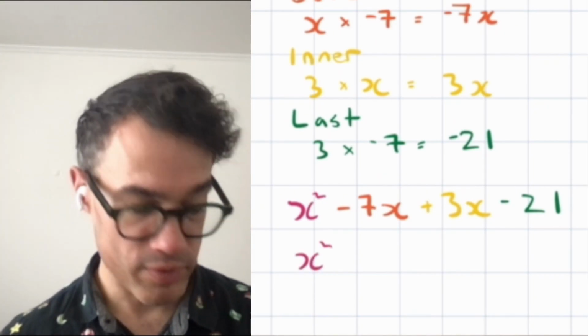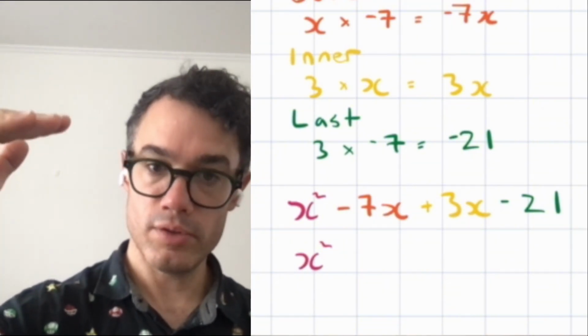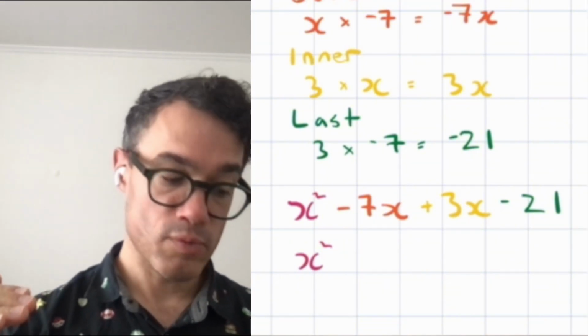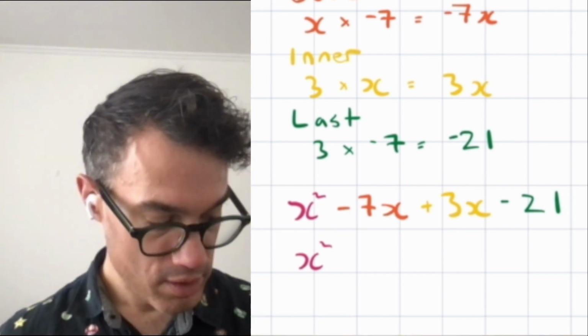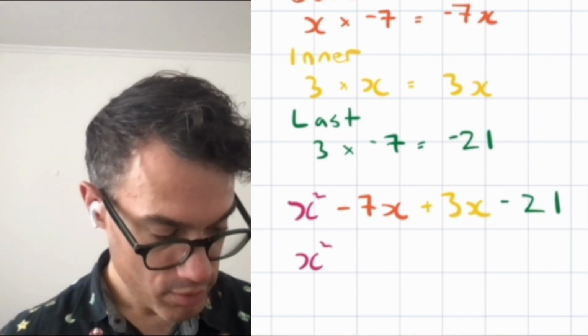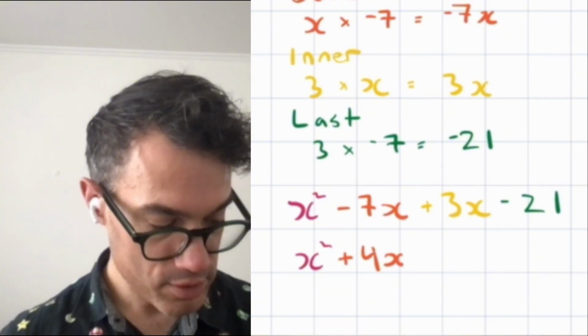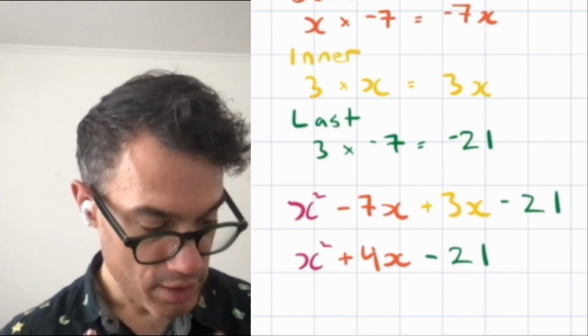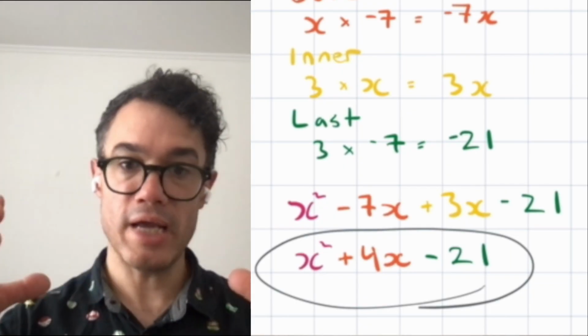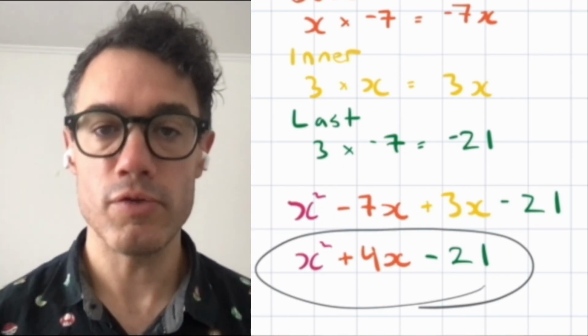That stays how it is. We have -7, which brings us down 7. We're adding 3. And so the end result is going to give us, which I will just do as orange, plus 4x. And then we keep our -21. And this is our expanded version using the FOIL method.